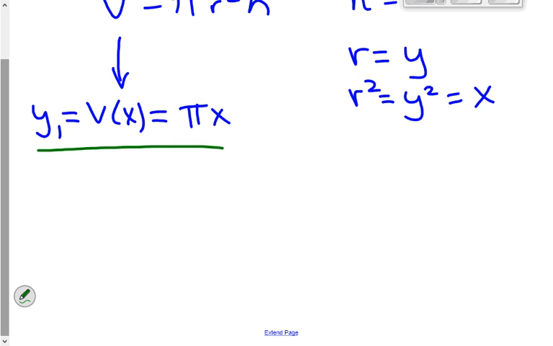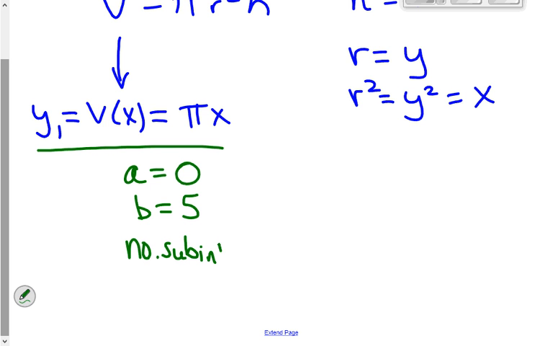And then what are you going to let little a be equal to? 0. And what are you going to let b be equal to? 5. And what's my number of subintervals going to be equal to? 5, because they tell me I need 5 subintervals.